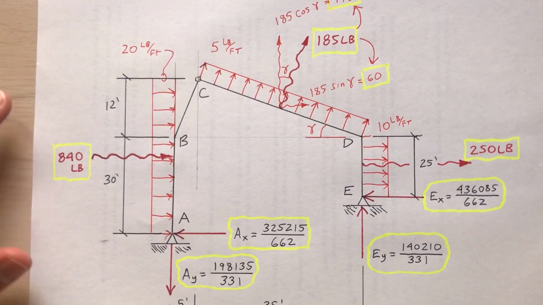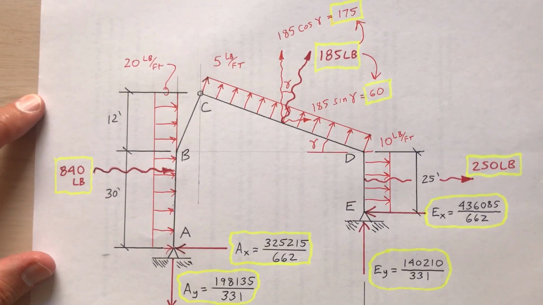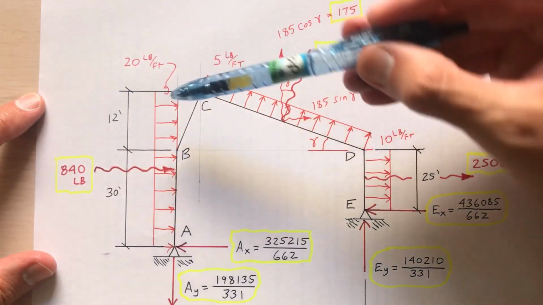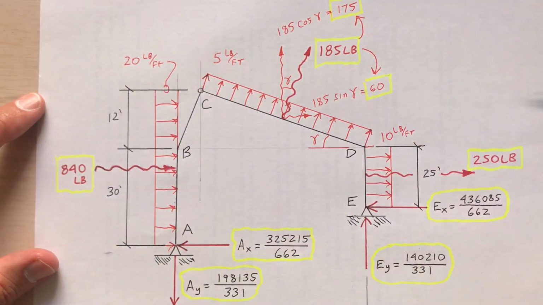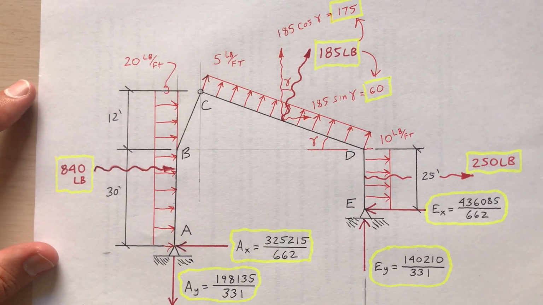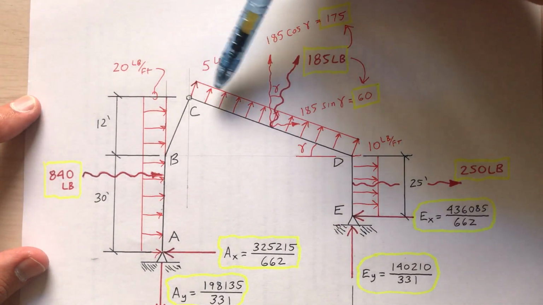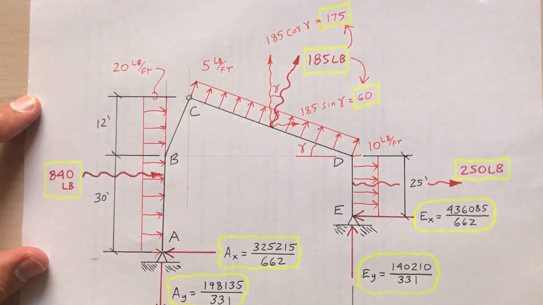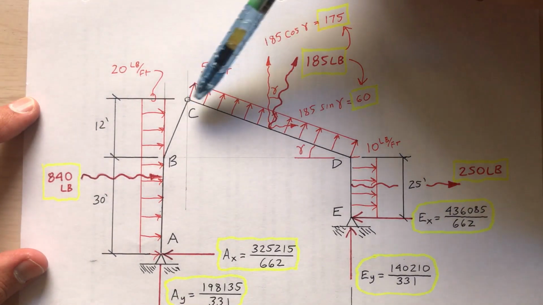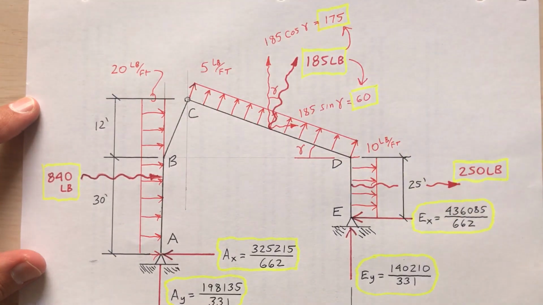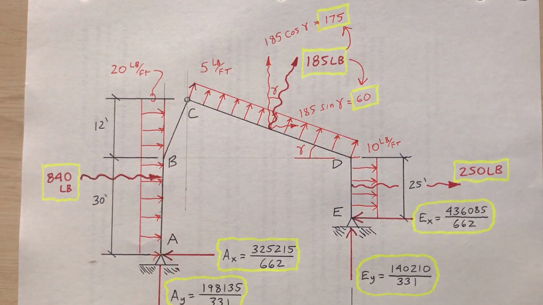Okay, look what I did here. I resolved the distributed loads into their components. 840: I've got 20 pounds per foot times 42 feet. That's 840, you see, acting on the left side. The distributed load on the sloped portion of the roof: 185. What is that? 5 pounds per foot times that length. I believe that was 37.